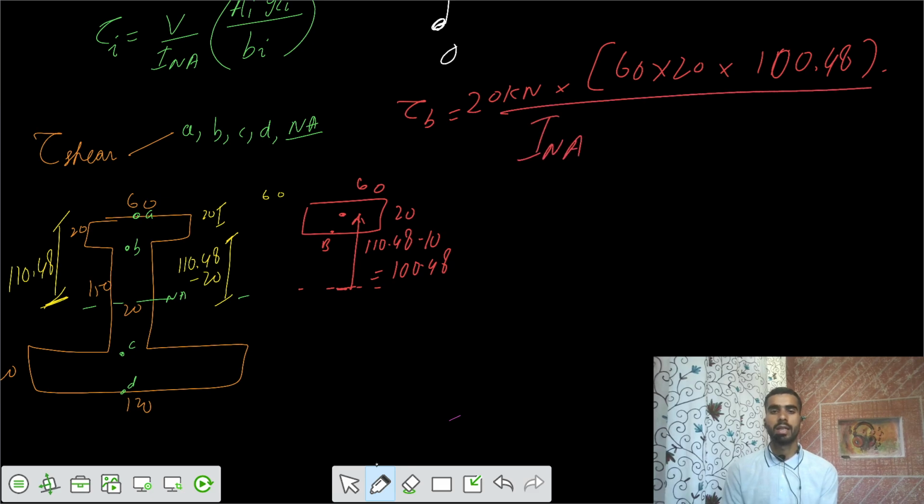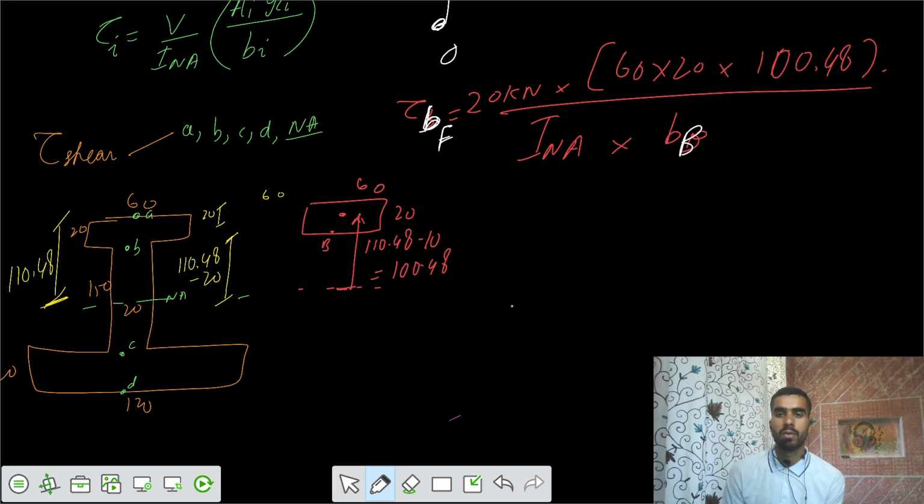You already calculated that, and now the width at B, but we have two options. At the junction we have two options. Let's calculate the shear stress in the flange. Shear stress at B, in the flange part.